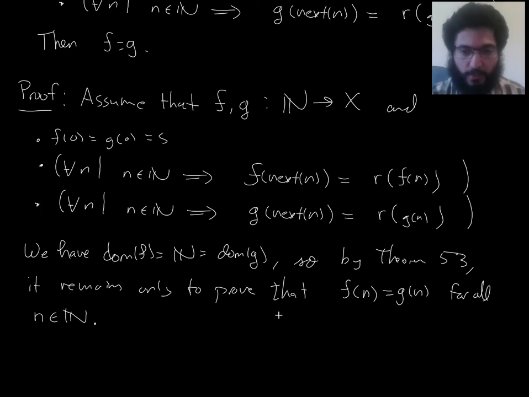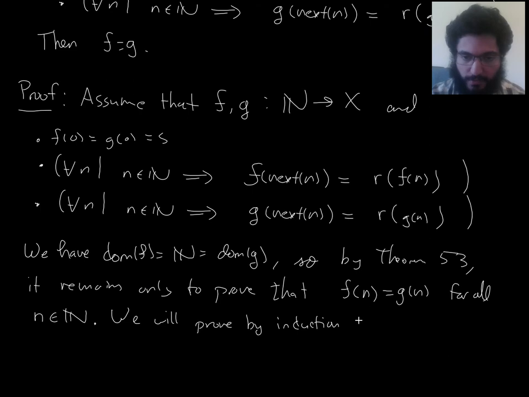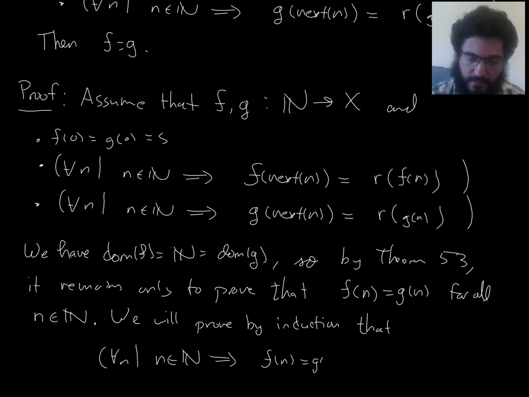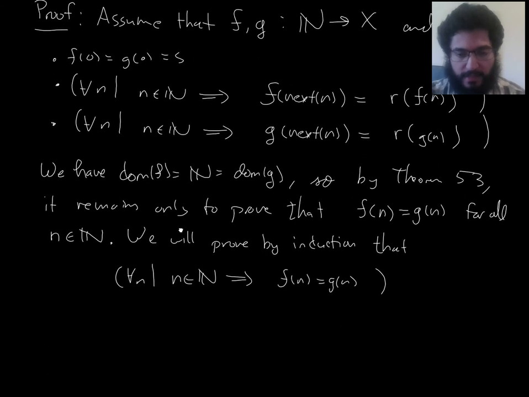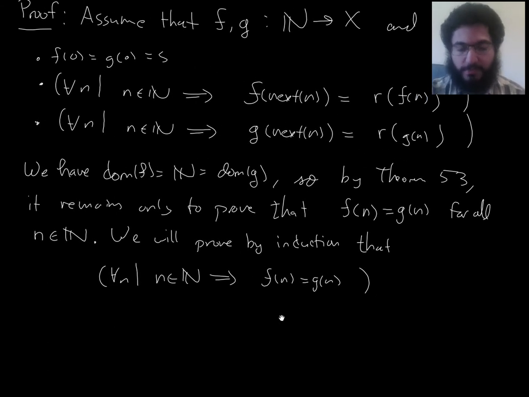All right, so let's make it clear what we're going to prove by induction. So we will prove by induction that, well, this exact thing that I said, that for all n, but I want to write it down like this. Now, this is exactly the format for something you prove by induction, right? You're proving a property of natural numbers. So for all n, if n is a natural number, then something about n.